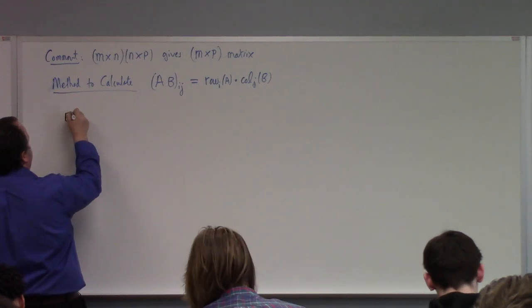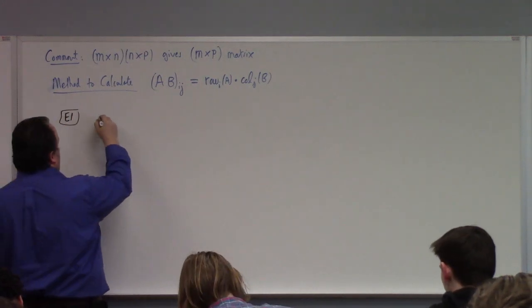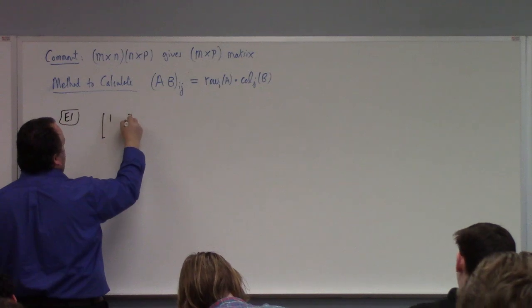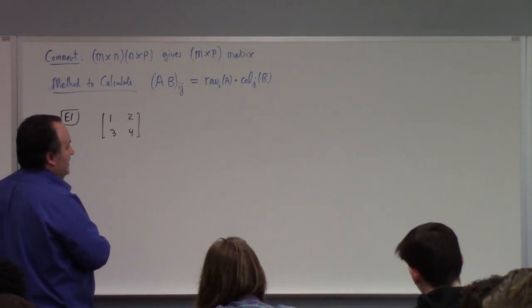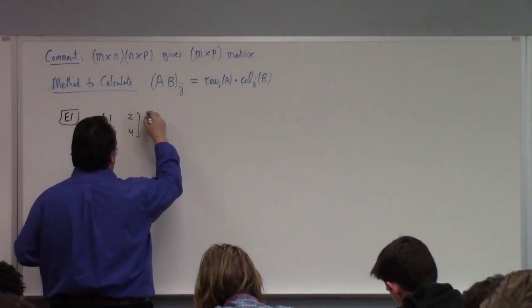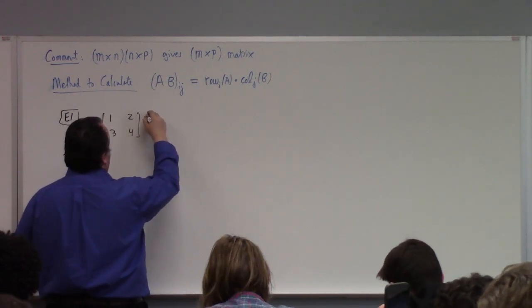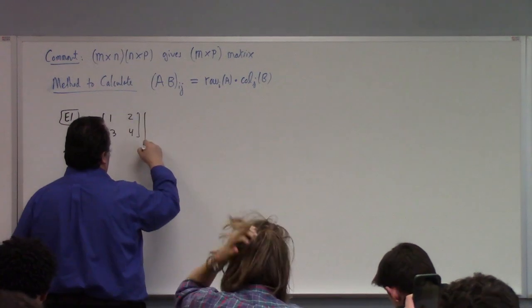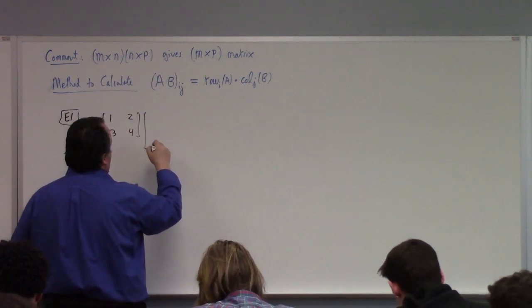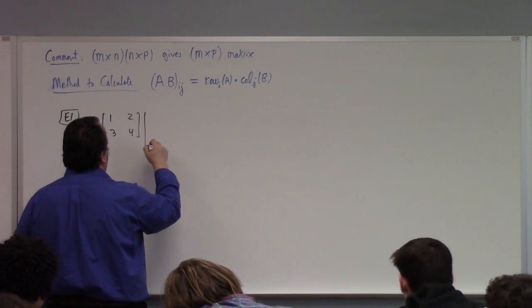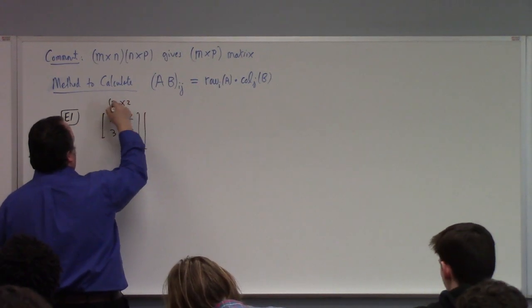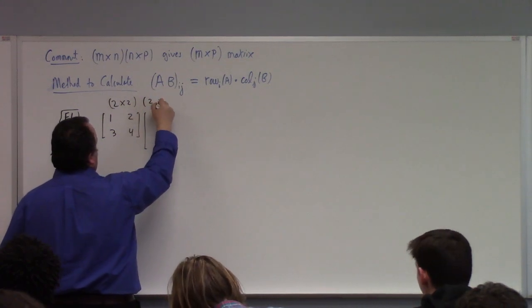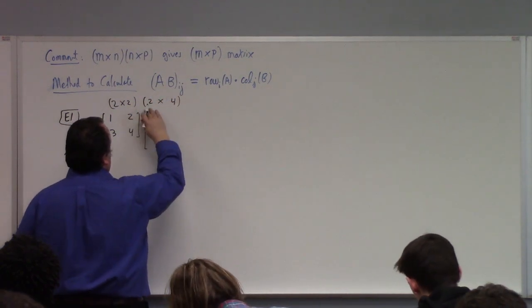So example 1: I could have 1, 2, 3, 4. That's a 2 by 2 matrix. And I want to multiply it by a 2 by 4, just to make it interesting.